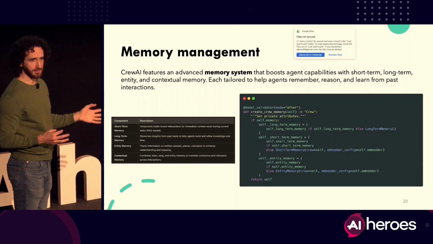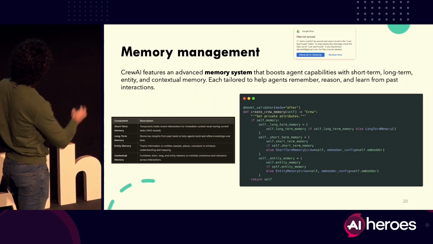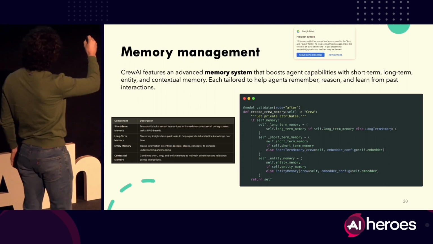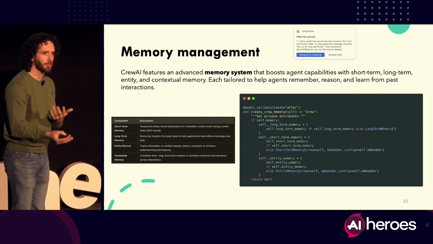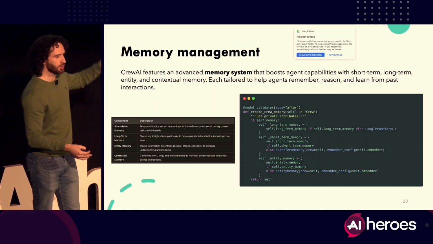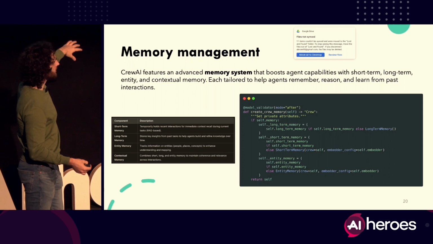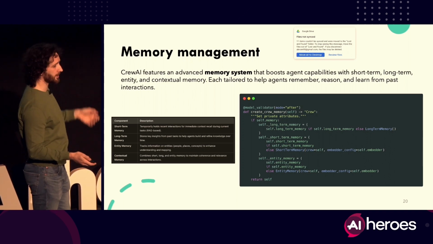You just have to provide a parameter to the crew. But this is what's happening inside. So if you want, you can do more. If you want to change the type of memory, or you're implementing something yourself, you can tell CrewAI, hey, I'm providing a different memory system, and that's it. So also very powerful.